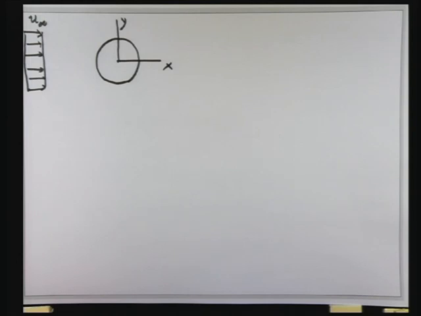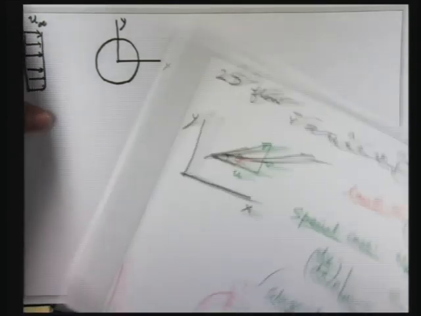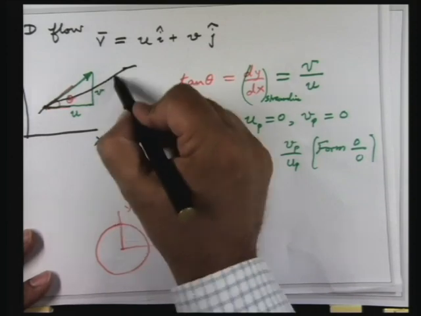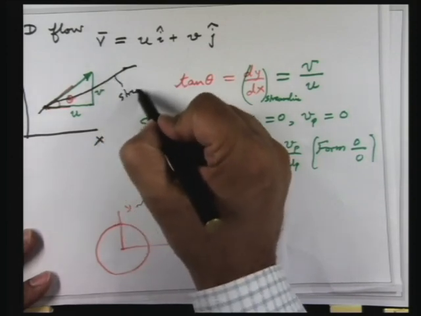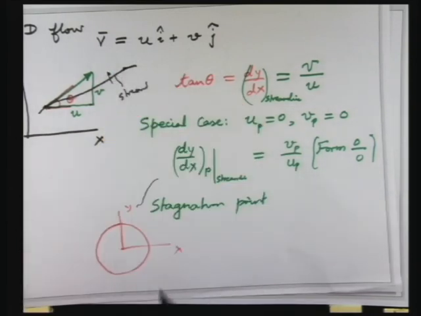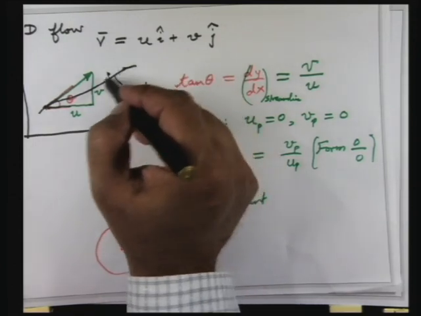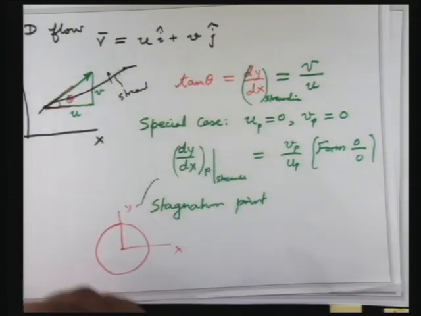All right. Now suppose I ask you another question. Let us say you have a streamline. Suppose I say this is a streamline. What is the volume flow rate across this streamline? The volume flow rate across the streamline is 0 because the velocity vector is tangent to it.